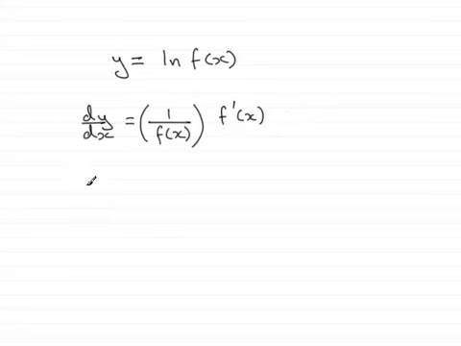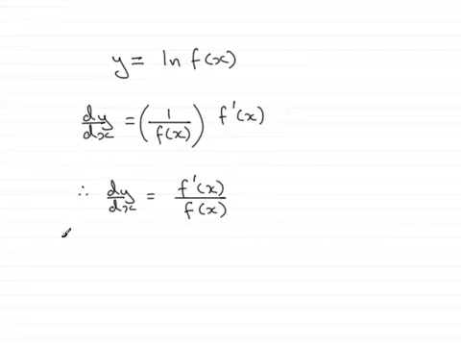And if we put this together, we find that dy by dx equals f dash x over f of x. And this is a result that you ought to learn. It's something that we're going to come back to later on in integration.